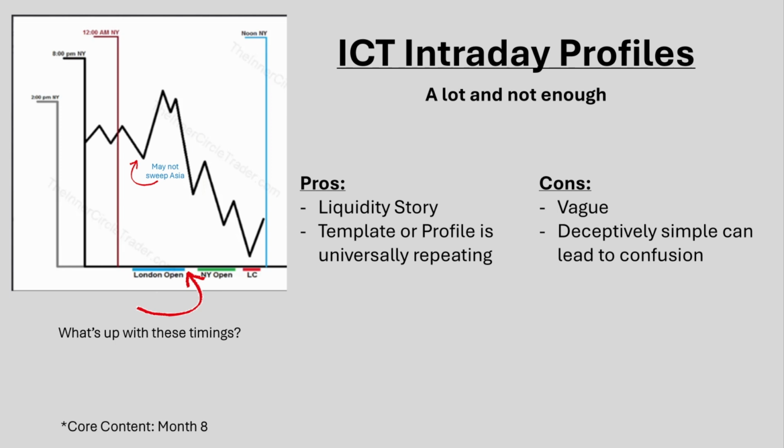So there are setups in here within the London time frame and then New York. Across the bottom of this table, the x-axis, you see the London open, New York open, and LC for London close, which goes into noon New York Eastern Standard Time.